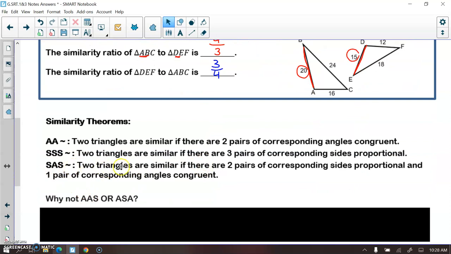And then SAS, that states that two triangles are similar if we have two pairs of corresponding sides proportional and one pair of corresponding angles congruent, and it needs to be the corresponding angles in between the two sides.